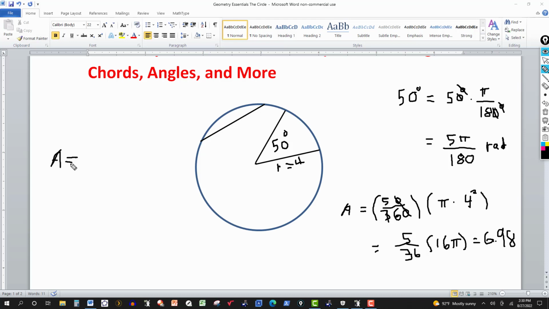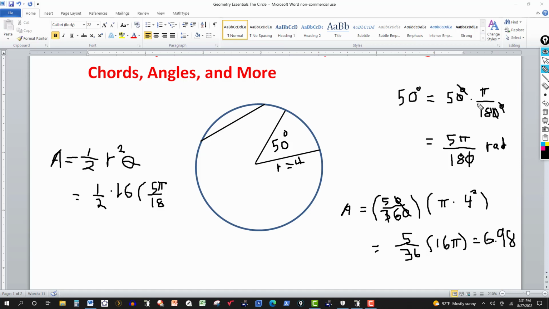Now if they ask you to use radian measure, then you use the other formula we looked at. This will be A is equal to 1/2 r squared theta, where theta is in radians. This will be 1/2, radius is 4, so 4 squared is 16, and the angle in radians, as we saw, was 5 pi over 18.